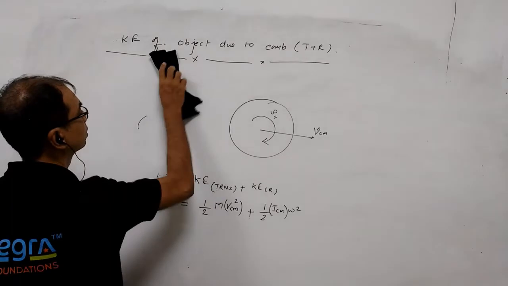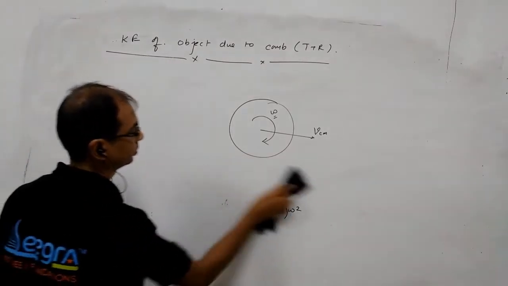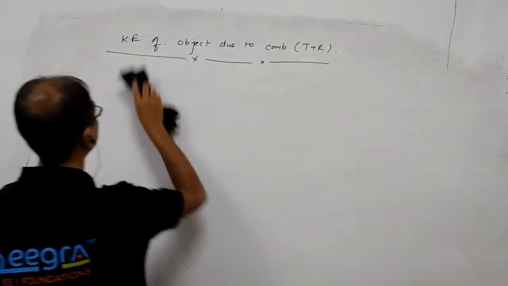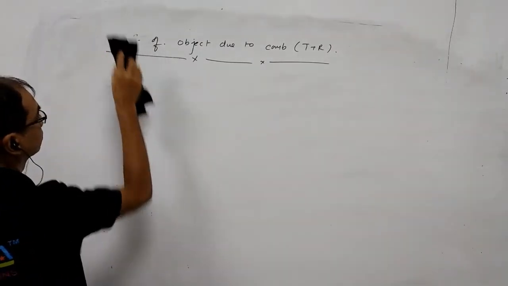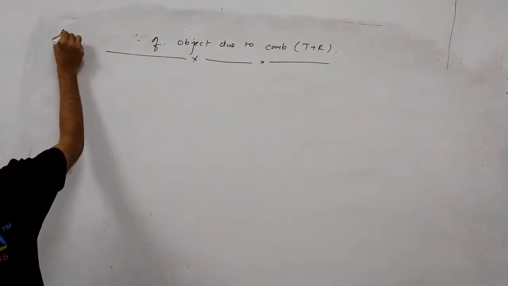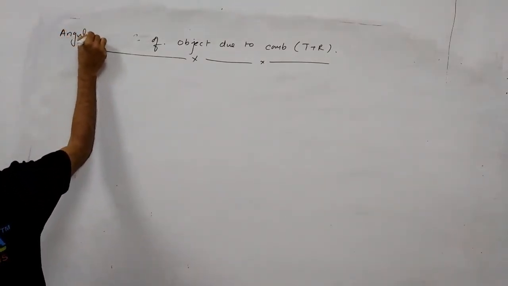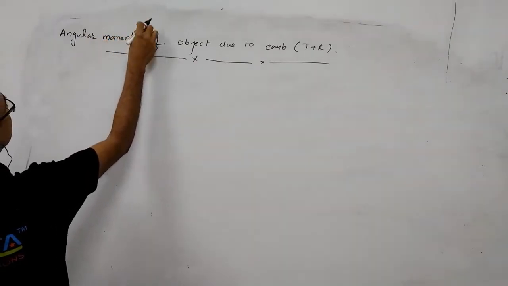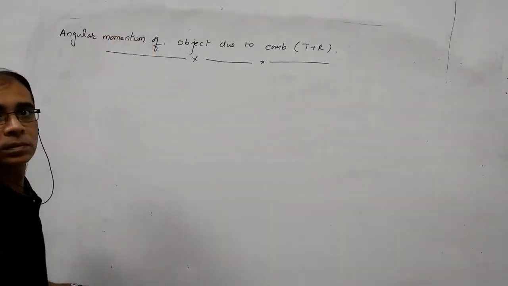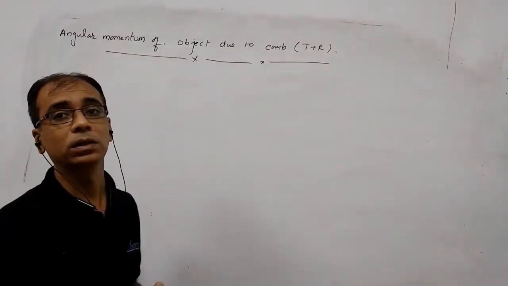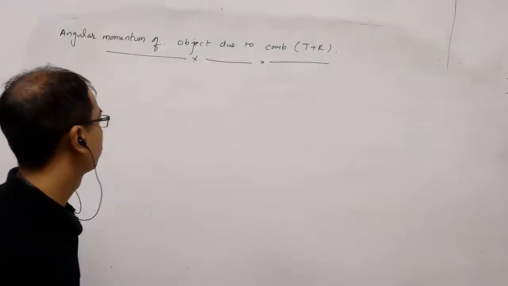Now, next one, I'm going for angular momentum. Angular momentum of an object due to combined translation plus rotation.